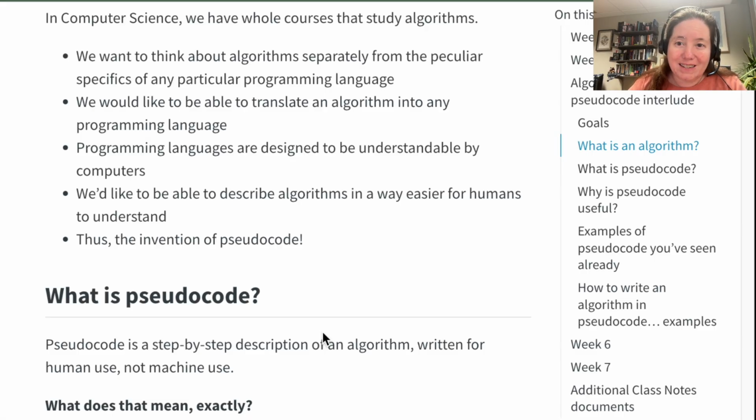We'd like to be able to translate an algorithm into any programming language. And the more specific you make it to one language, the more changes you have to make that aren't important to the idea, that are just about how you encode that idea when you want to transfer it to somewhere else. Programming languages also are designed to be understandable by computers. In order to make it possible to write interpreters and compilers, we make some compromises, some concessions to the needs of the computer.